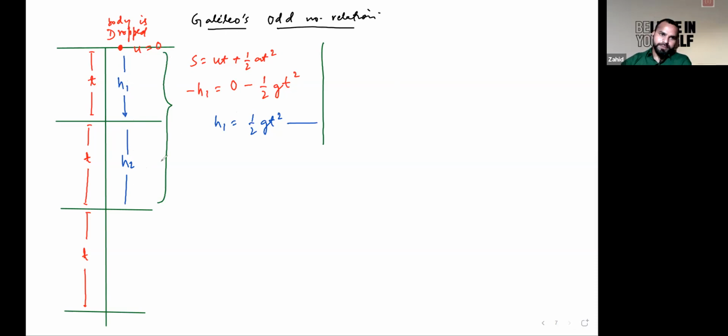So let's say this particular height to be capital H2 in the negative direction. U is 0 and gravity is minus. So the total time taken from this point to this point is 2 times t.